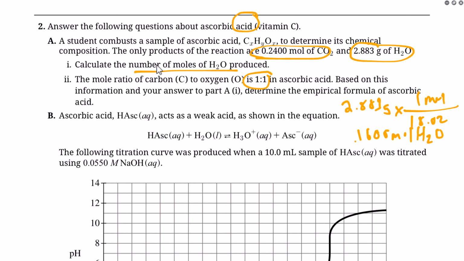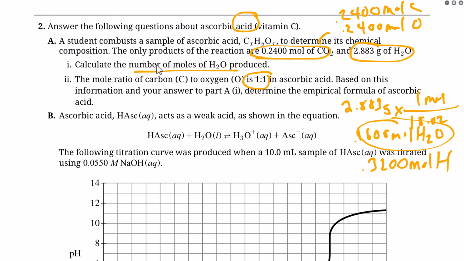So what that's telling me is that if I have 0.2400 moles of CO2, that means I have 0.2400 moles of carbon, 0.2400 moles of oxygen. And then here, I have my moles of water, but what I need to take into consideration is that there are 2 hydrogens for every 1 H2O. And so this ends up being 0.3200 moles of hydrogen.